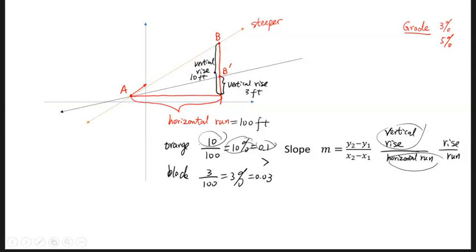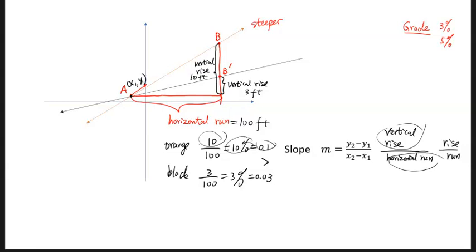Okay, so first of all, we need to see how the formula is generated. By the definition, we need to find the vertical rise, so how do we find the vertical rise when we look at the points? Now we can just focus on one of the lines, the orange line. The beginning point, we call x1 and y1.